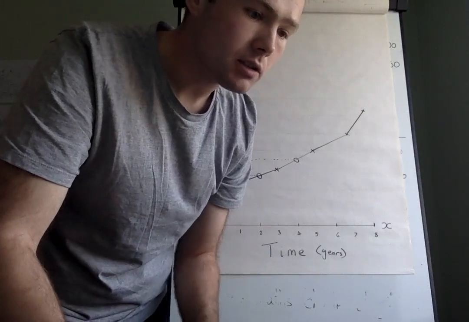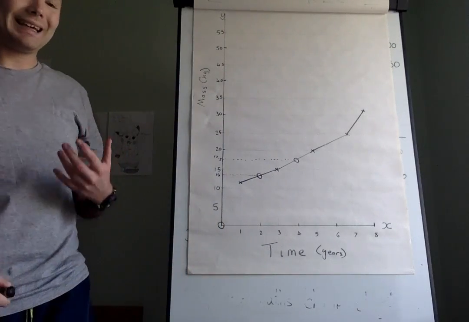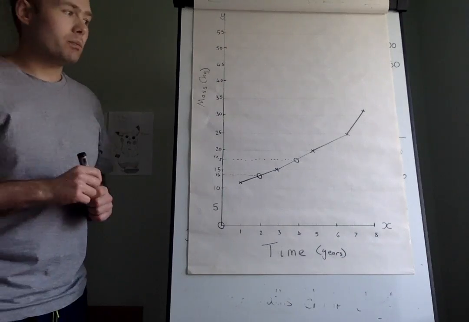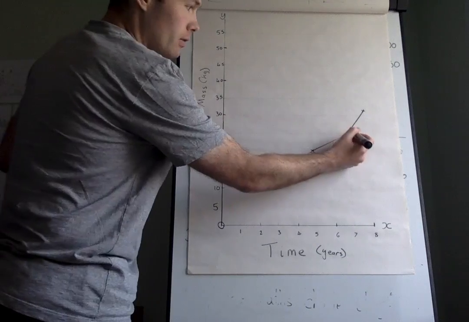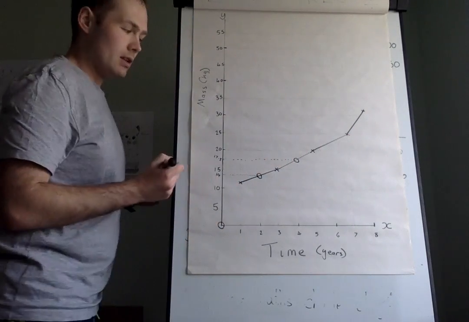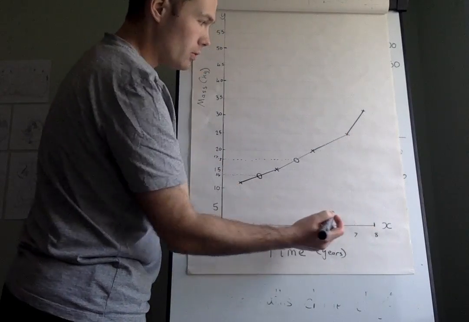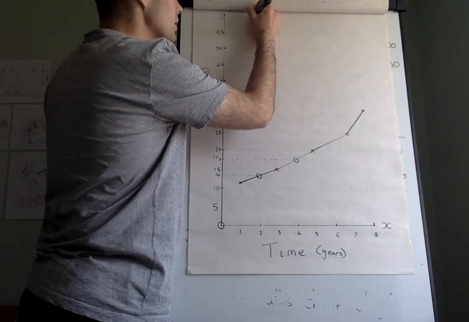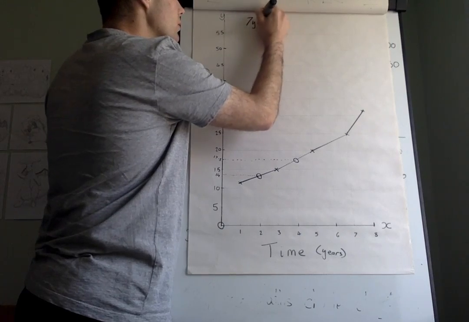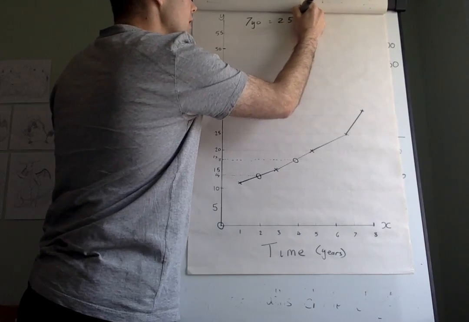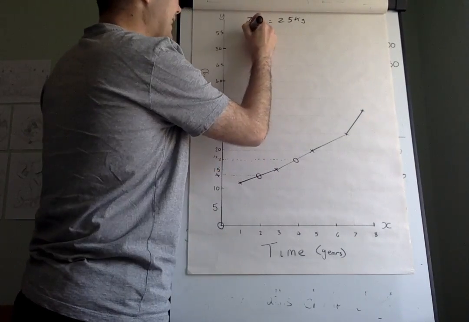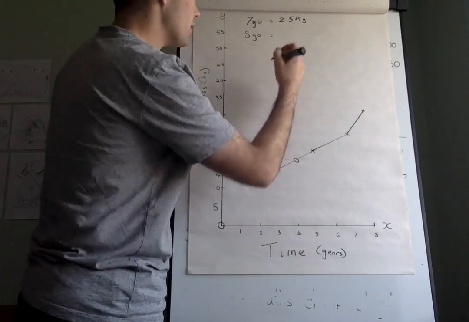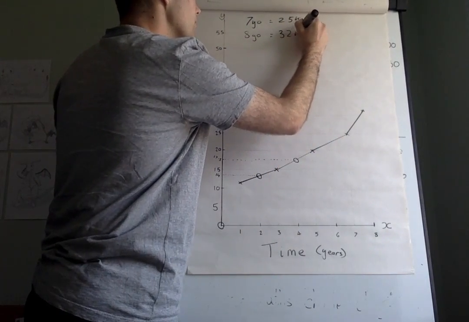Then it's asking you some other questions, and we can calculate using this graph as well. So if I know that his mass at 7 years old was 25 kilograms, and then at 8 years old he was, what did I say, 32 kilograms.